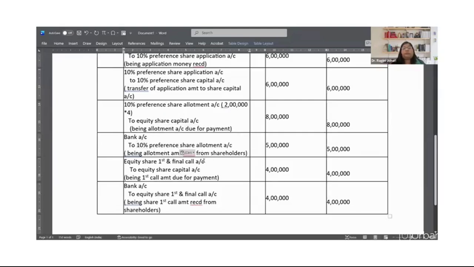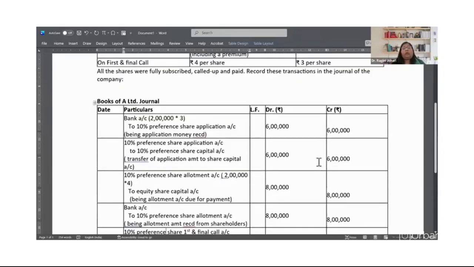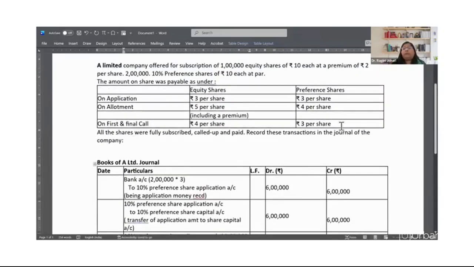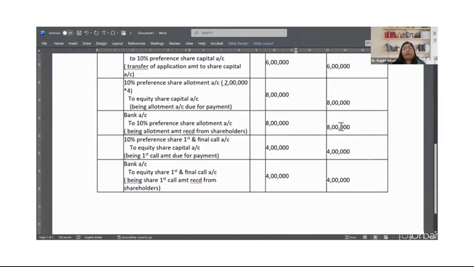Okay. This becomes 10% preference share allotment account and amount received is complete, that is 8. Then we talk about the first and final call share. So again, 10% preference share first and final call account. The final, this is of 3 rupees per share. Okay.